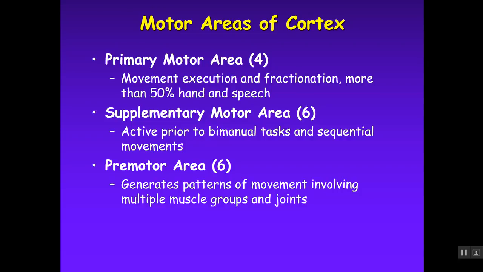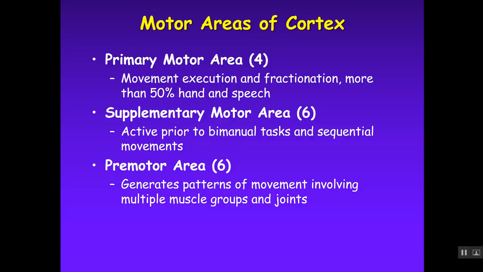Some of that is learned over time, how to use your hands together in a coordinated fashion. There are little programs for that stored in the supplementary motor area. So if you're going to do that kind of task, that's where the signal tends to start, in that motor planning area. Same with sequential tasks that require very sequential movements, where you have to do this before that. Those are stored in that area.